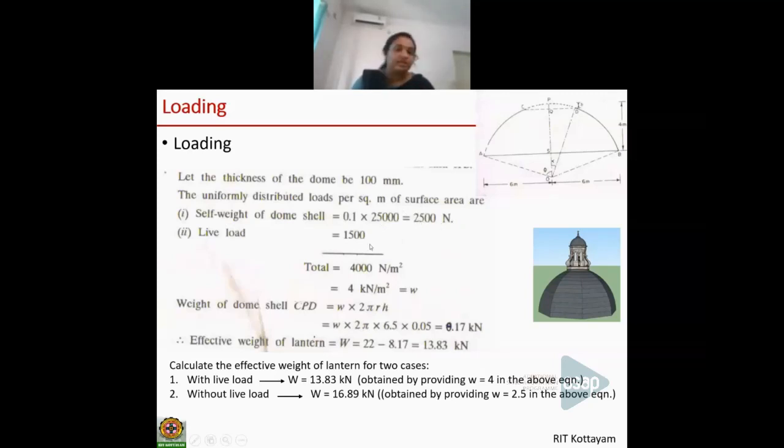And then the live load is given as 1.5 kilonewton per meter square, so that we will add that up.